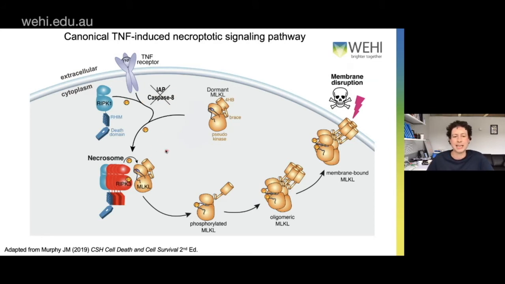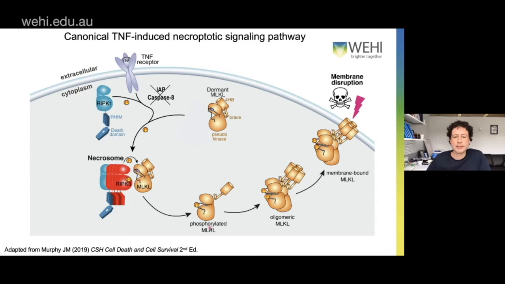Activation of this pathway leads to the formation of this signaling platform called the necrosome. The necrosome is an amyloid-like assembly of RIPK1 and RIPK3, and this core recruits MLKL to it, where RIPK3 can then phosphorylate MLKL.